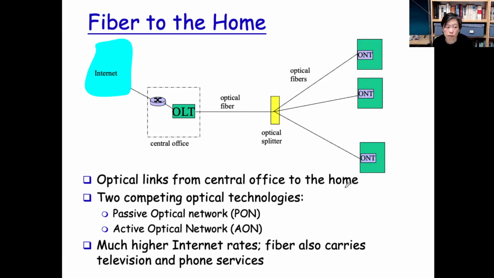Fiber to the home. This is the third access net technology. Unlike the previous two, where we exploit certain existing infrastructure, the telephone network or cable TV network, this one builds its own network. And because the cables are all optic fibers, it's called an optic network.